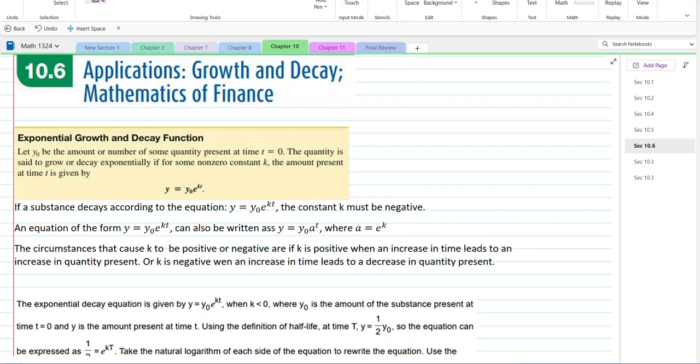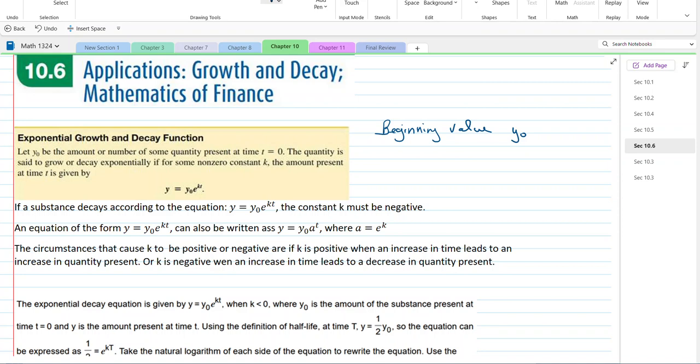amount or number of some quantity present at time t equals 0. So it's the beginning value. And t is at the start of when we start making this growth equation or decay equation happen.